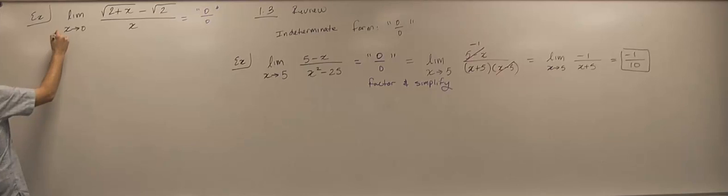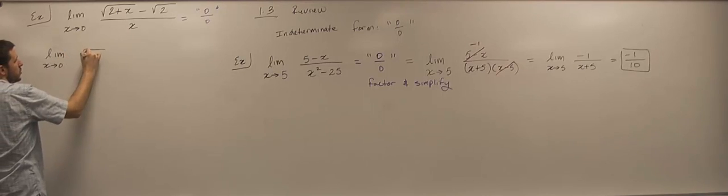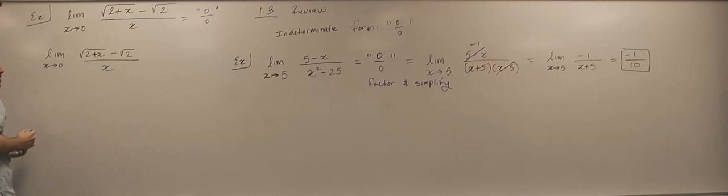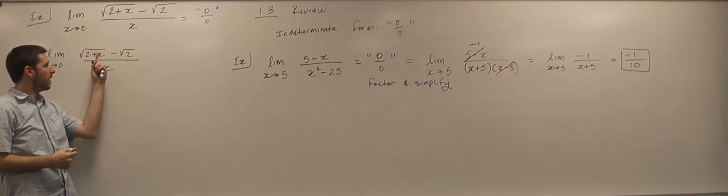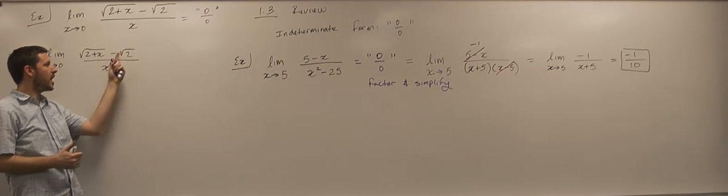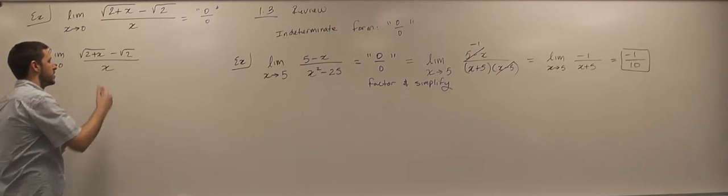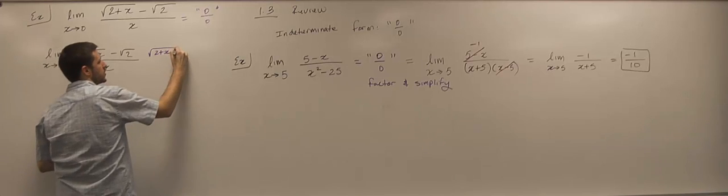I'm going to take the limit as x goes to 0 of root 2 plus x minus root 2 over x. And what am I going to multiply by? The conjugate. I'm going to multiply by the conjugate of the top because I'm hoping if I get rid of these roots, something will cancel. So the conjugate of the top is root 2 plus x plus root 2.